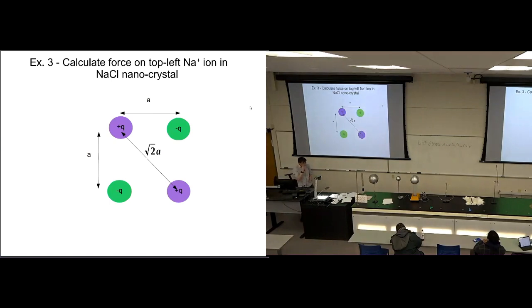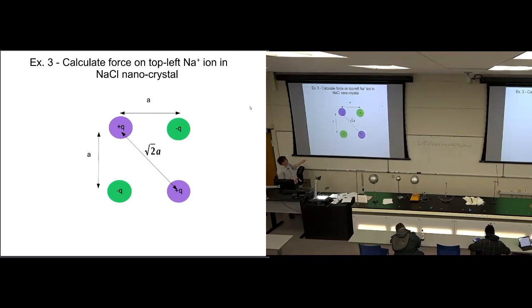Rather than see why it happens for some big old sodium chloride crystal, I'm going to imagine a little nano crystal of sodium chloride that's just made up of two sodium ions. They're positively charged. They're in magenta here. And two chlorine ions. They're negatively charged.